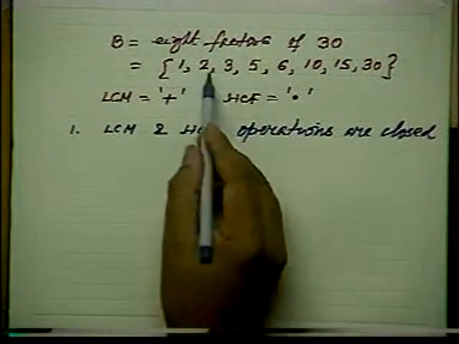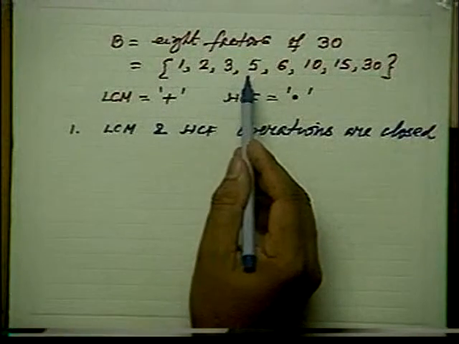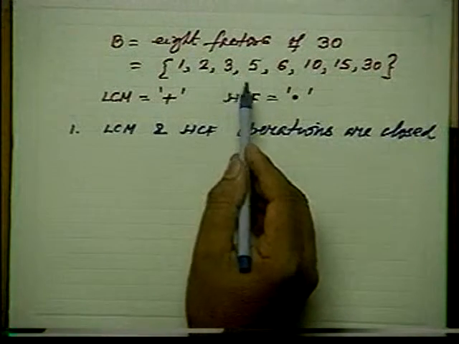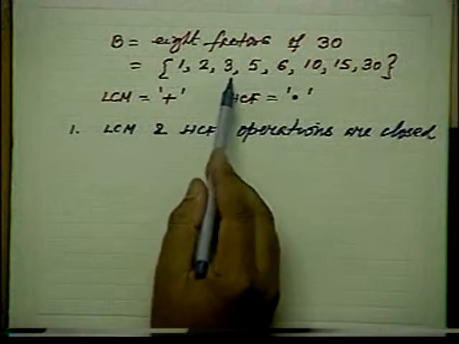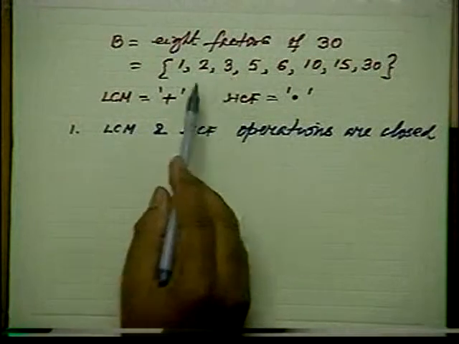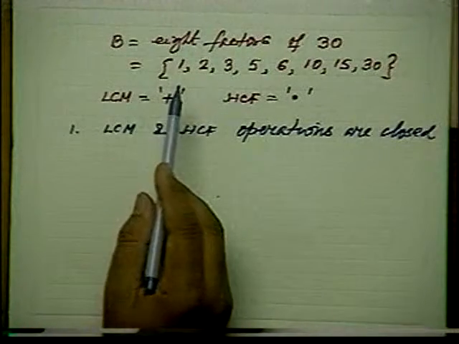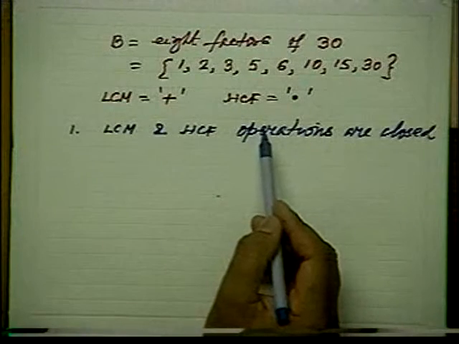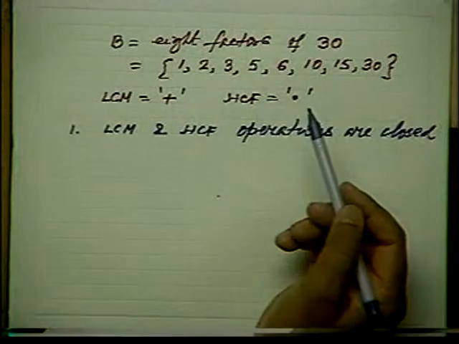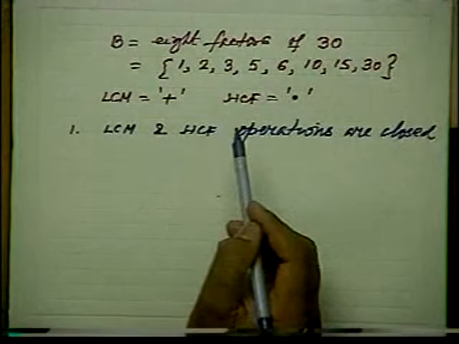That means if I take any 2 of them, say 3 and 5, the LCM is 15, that is there, and the HCF of it is 1, and that is also there. Therefore, take any 2 elements, take the LCM of it or the HCF of it, it should be within the set itself, that is closed.